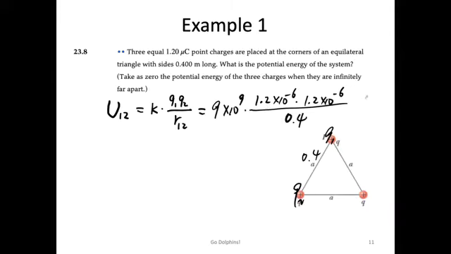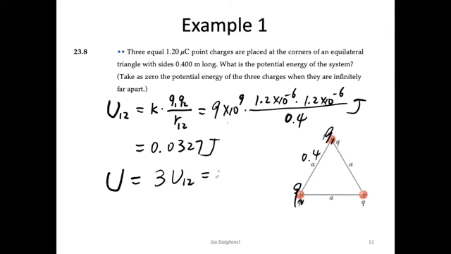If I use SI units for each number, it should just give me joules. If I put everything into my calculator, I find this is the electric potential energy between Q1 and Q2. And then as we discussed, the total electric potential energy equals 3 times U12, which equals 0.0971 joules.